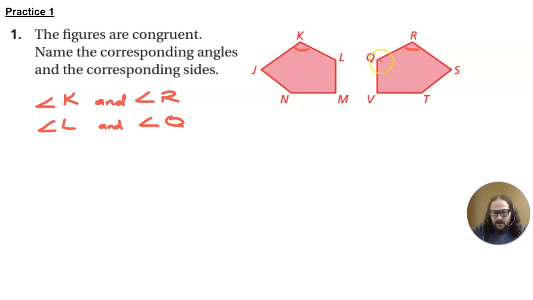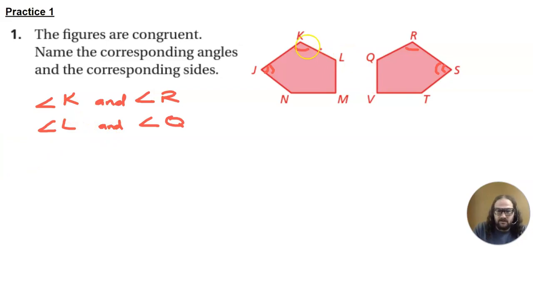Angle L and angle Q are the same measure angle, but they're not pointing in the same direction. You can see that angle J is this narrow acute angle, and the only one that matches on the other one is angle S. So these ones are pointed away from each other. But that shows us right there, angle J corresponds to angle S.